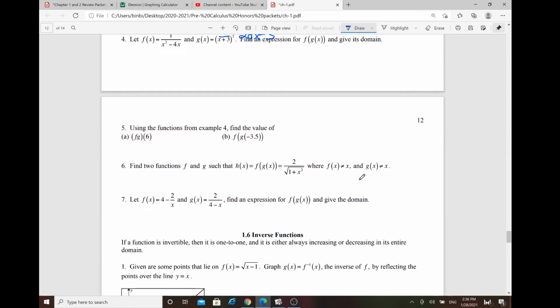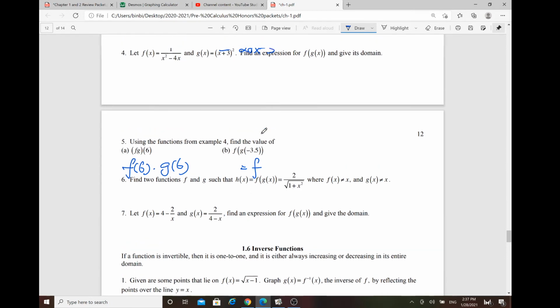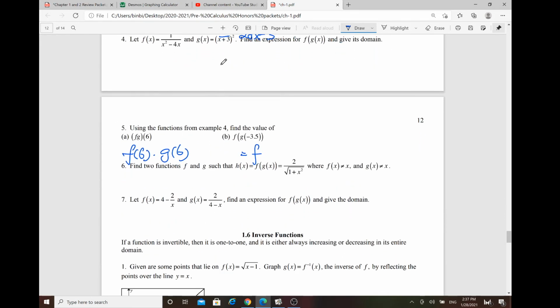So using the functions from example 4, find the value. Okay, so basically that's just compositions. This one's just a product, a function operation. So this one can be split into f of 6 times g of 6. And this one started with g of negative 3.5. So negative 3.5 plus 3, which is what?